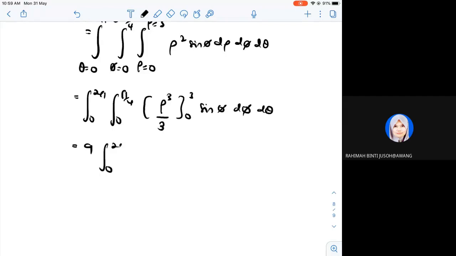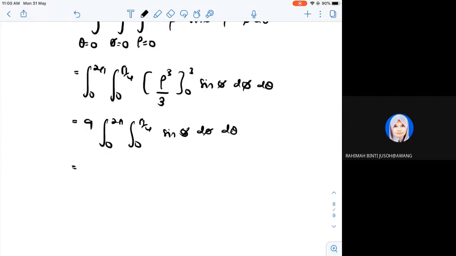So 0 until 2 pi, 0 until pi over 4, sine phi d phi d theta. Okay, integrate sine phi becomes negative or positive cos? Negative. Okay, very good. Negative cos phi. So we substitute 0 until pi over 4, d theta.